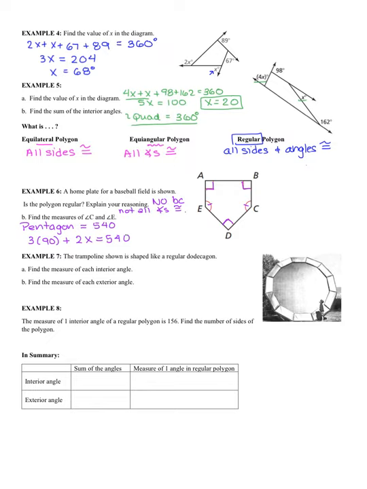Well, 3 times 90 is 270. So we have that 2x is going to equal 540 minus 270, which is also 270. So each of those side angles is going to be 135 degrees. So this is 135 and this is 135.